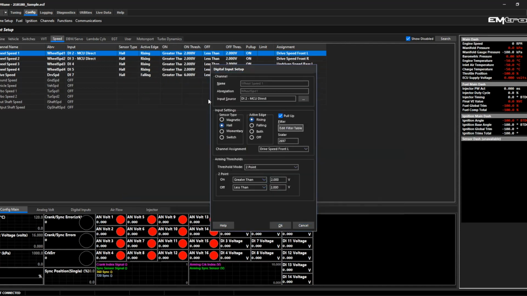We've also, you may have noticed, got an MCU direct channel. So for the DIs, for the speed DIs, we would recommend using the MCU direct channel. Basically the speeds get routed past the FPGA, which can create a little bit of delay with the speed input.